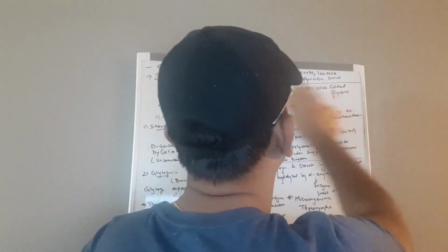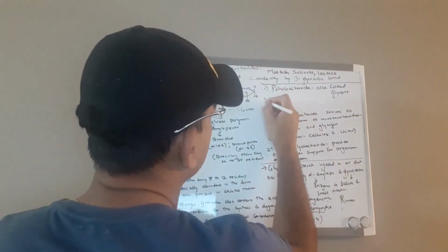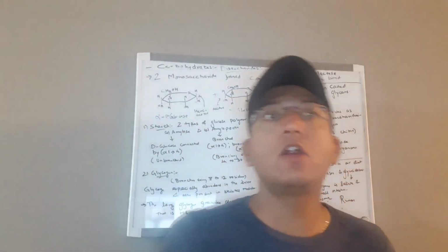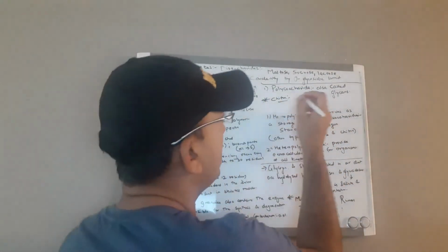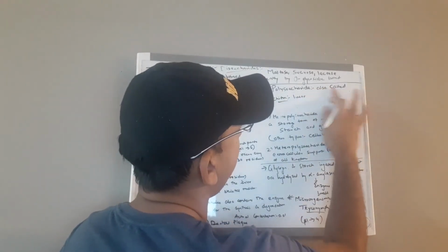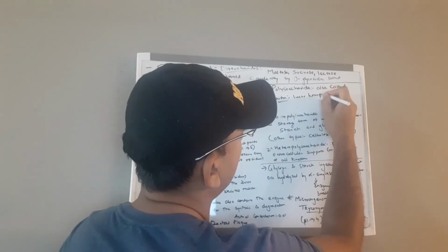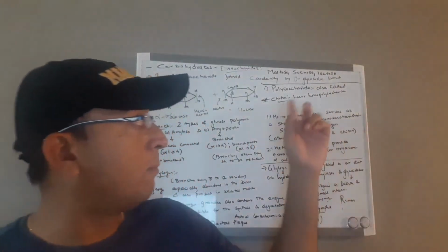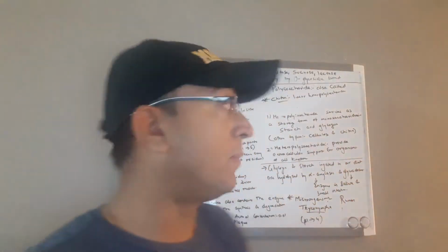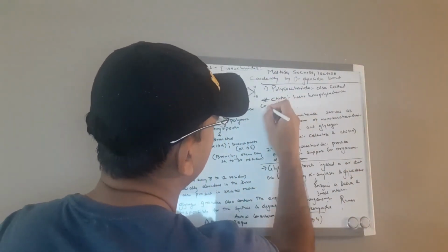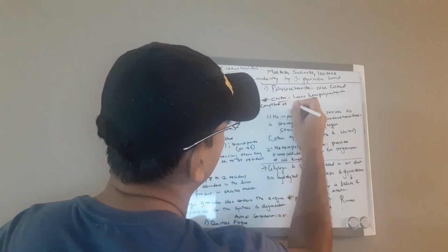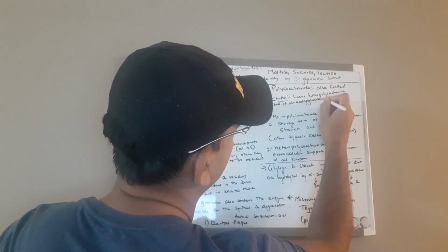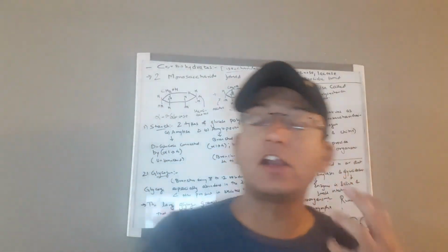So I will write it down here. Chitin. This is a linear homopolysaccharide, but it is composed of N-acetylglucosamine residues.